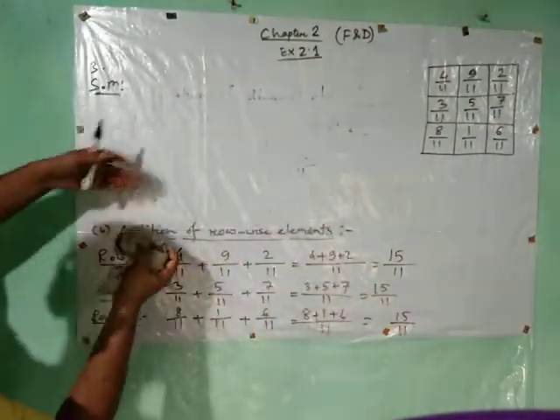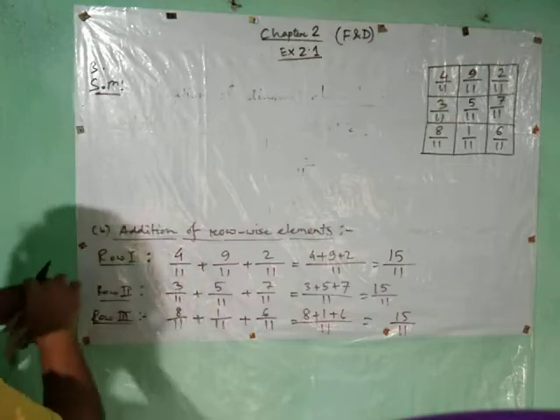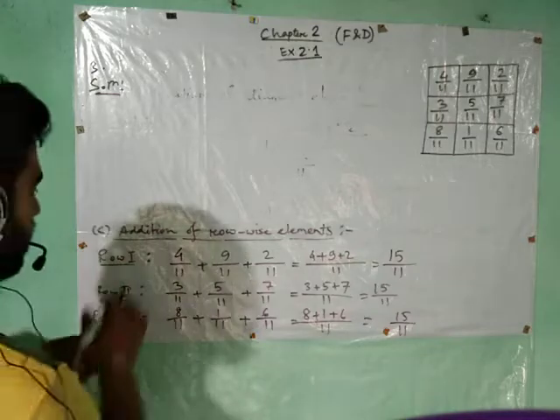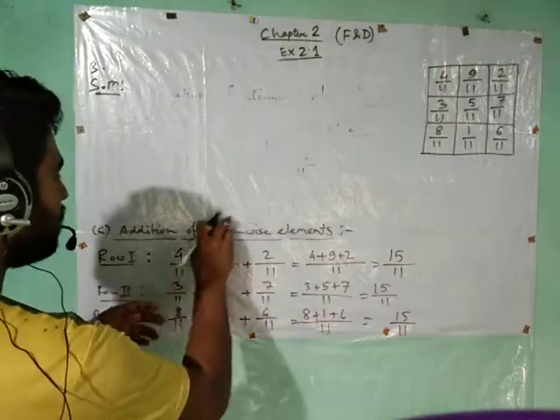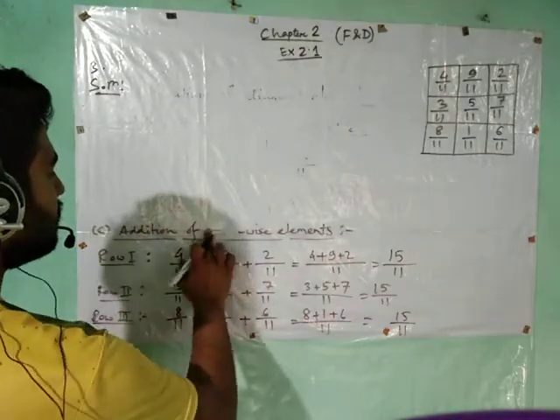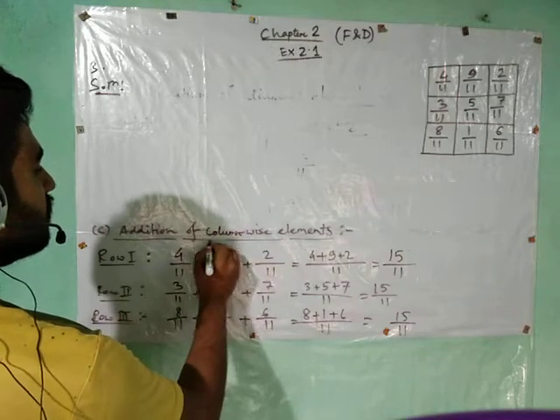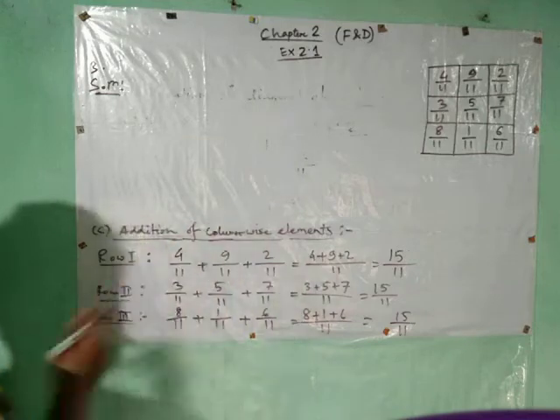Now I will make this C. Addition of, not row wise, now column wise elements.